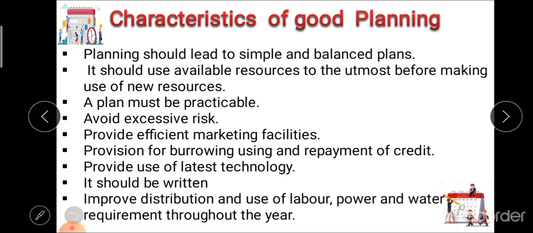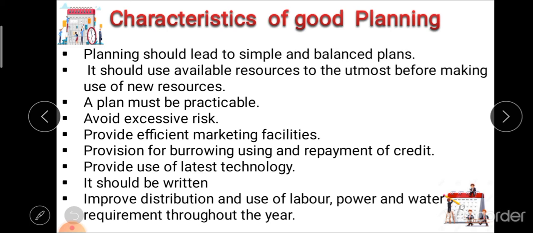While preparing the plan of any organization, it must provide marketing facilities. Also in planning, there is provision for borrowing, using and repayment of credit. So the plan must use the different sources of credit, the borrowing of credit, and the repayment of credit. That means how the credit is repaid.